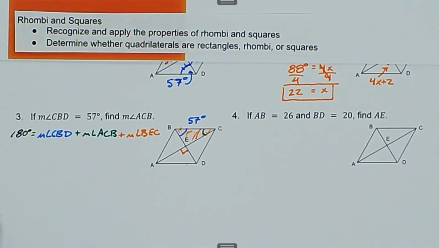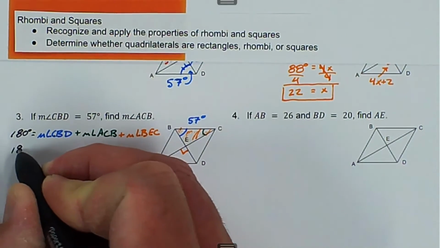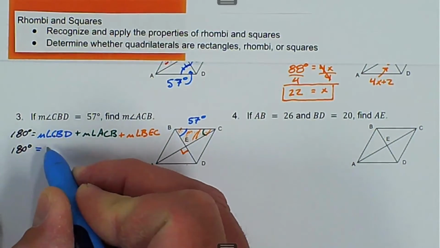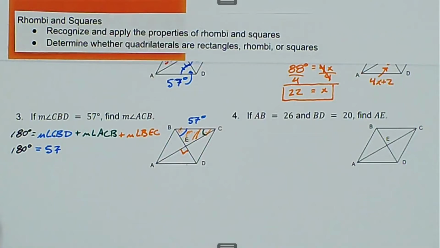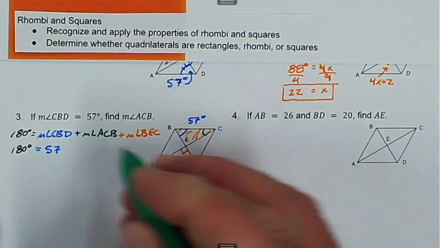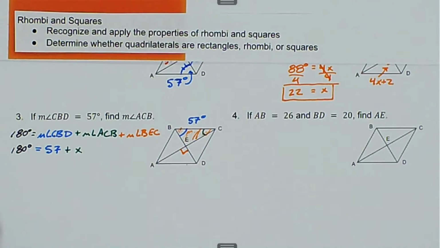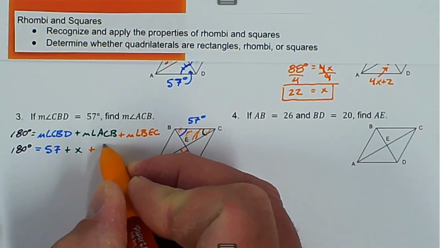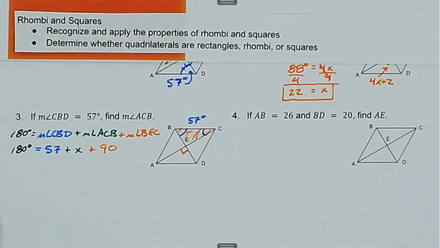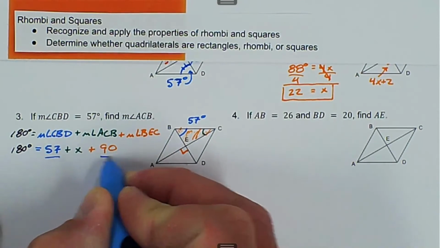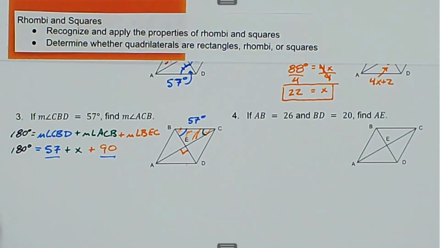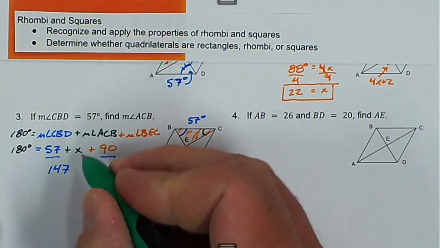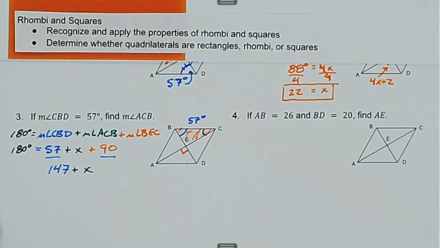Now we can substitute in the values that we know. We still know that that's equal to 180 degrees. We were given that CBD is equal to 57 degrees. We're trying to find out what the measure of ACB is right there, so we're going to put an X in place for that one. And we know that the measure of angle BEC is 90 degrees. So we can combine like terms. We have 57 and 90. That is going to be equal to 147. We're still adding the X value.